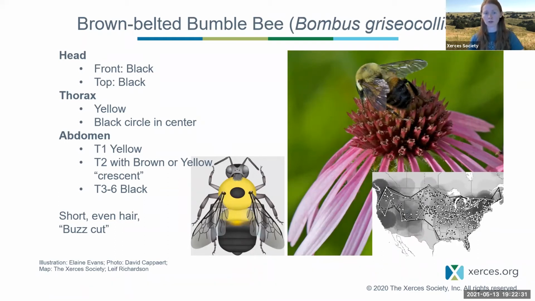So tergite 2 is usually a brown crescent, sort of like a half moon shape on this bee's segment. It can be a yellow crescent. Sometimes it's a large crescent and goes almost all the way across the entire abdomen. Sometimes it's a small crescent and is only in the center. The other nice thing about this bee is that it has very short and even hairs, like it just got out of the groomers. So if you see the crescent and really nice short hairs, you've probably got a brown-belted bumblebee.